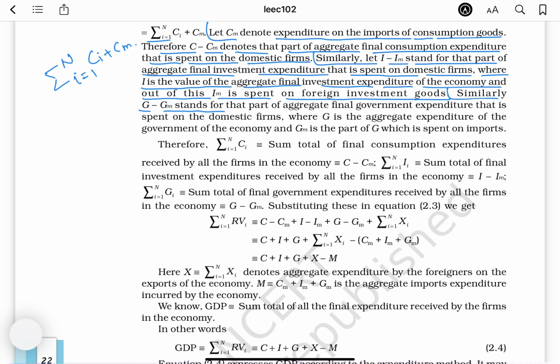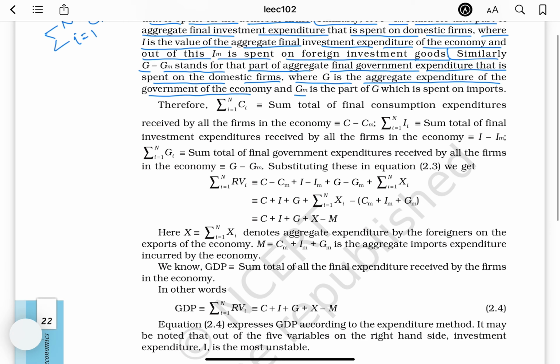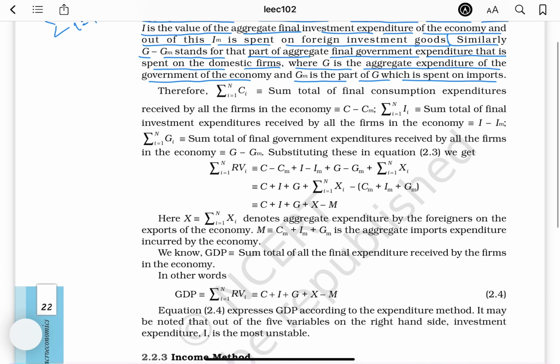Similarly, G minus Gm stands for that part of aggregate final government expenditure that is spent on the domestic firms, where G is the aggregate expenditure of the government of the economy, and Gm is the part of G which is spent on imports. Therefore, sigma i equals 1 to n of Ci equals the sum total of final consumption expenditures received by all the firms in the economy, equal to C minus Cm.